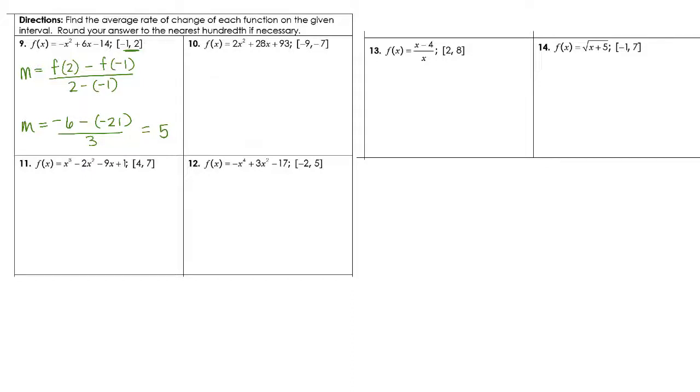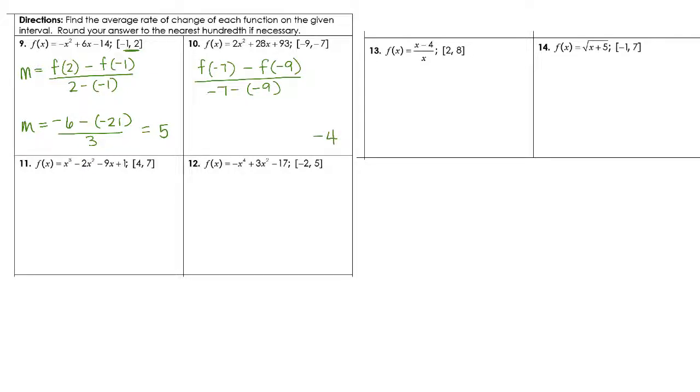The same is true with 10. We need to show the setup, and I do want to see where you've set up these problems. So I need to see where you found f at -7 minus f of -9. And then all of that's going to be over -7 minus a -9. And hopefully when we type all that in our calculators, we should end up with a -4.